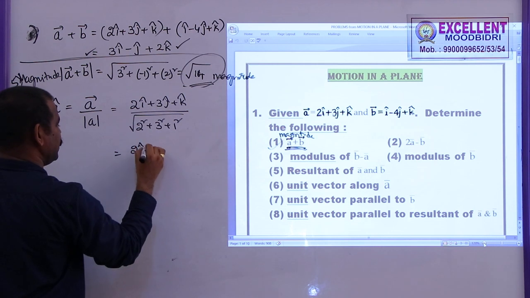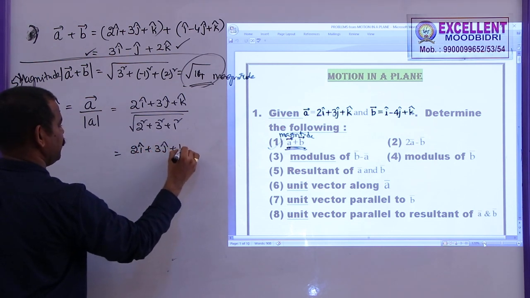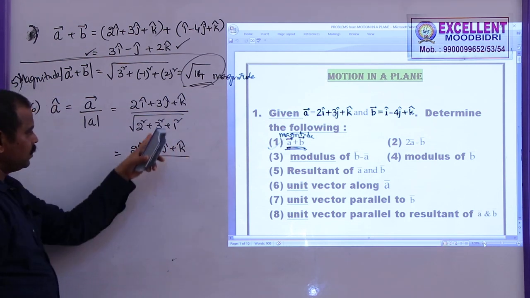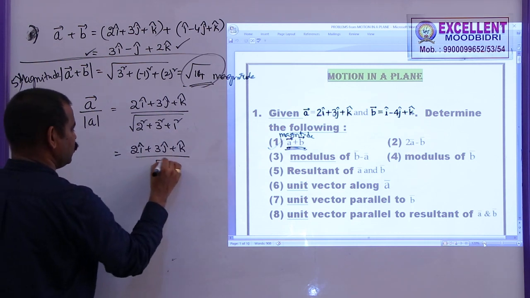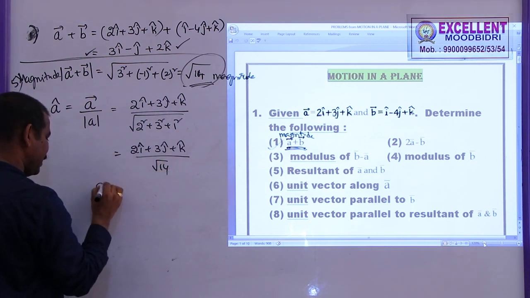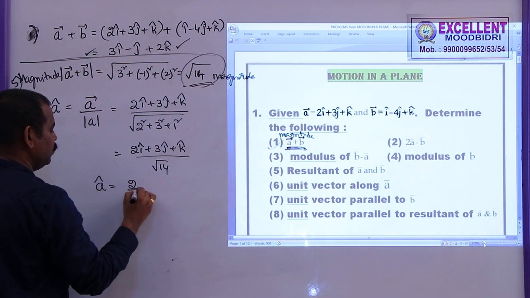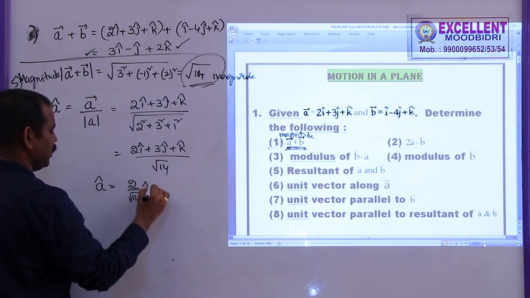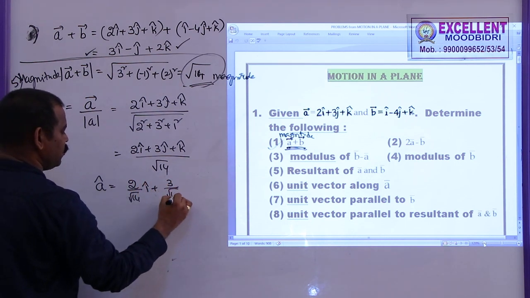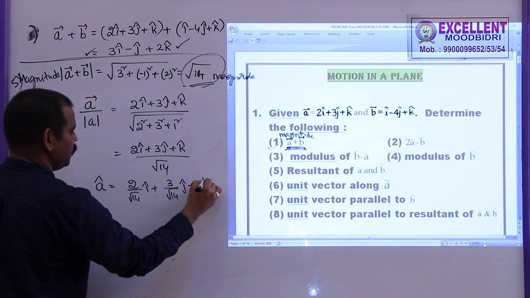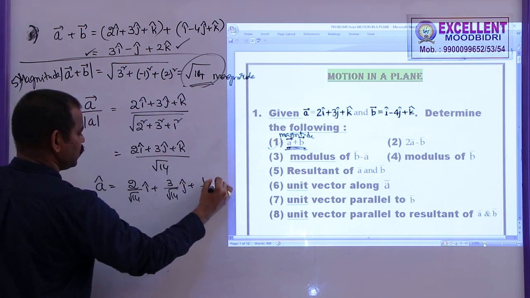So this is 2i cap plus 3j cap plus k cap by root of 9 plus 1, 10, this is root 14. So a cap is given by 2 by root 14 i cap, 3 by root 14 j cap, 1 by root 14 k cap.